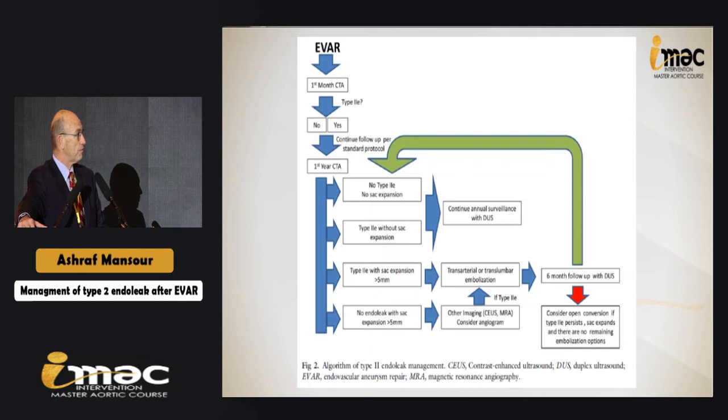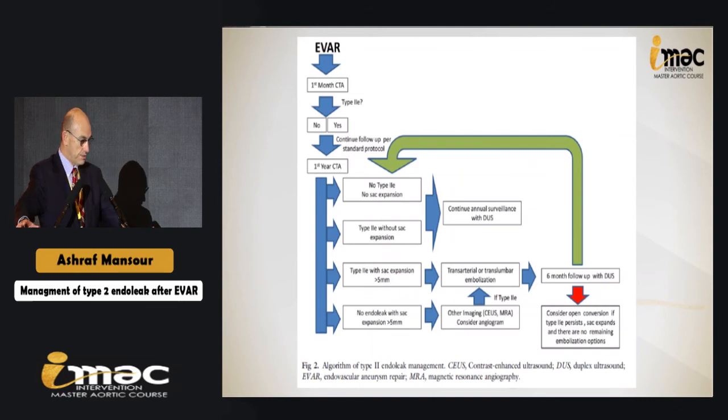I think everybody should develop some kind of algorithm as to how you're going to follow the patients and what you are going to do when you find an endoleak. Typically, if you identify one, you need to decide what the threshold is to intervene.